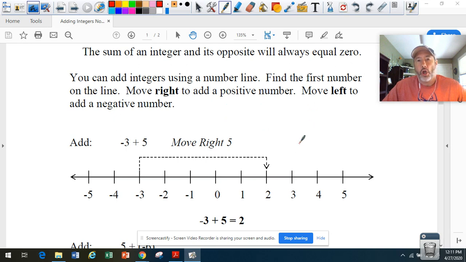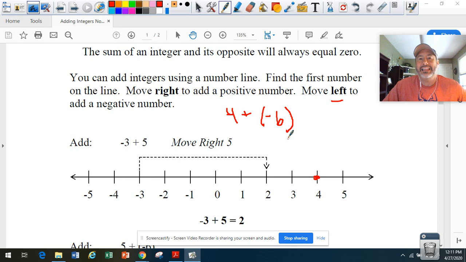So let's try another one here. Let's clear this up. What if I had +4 plus -6? So I'm over here at +4. Now, since we are adding a negative, we move to the left.